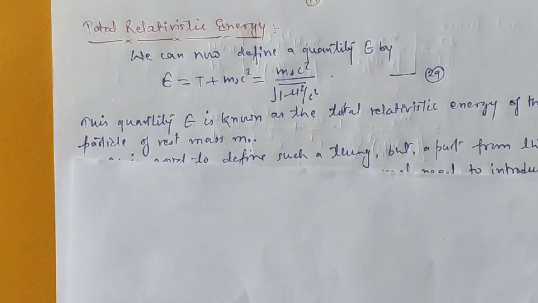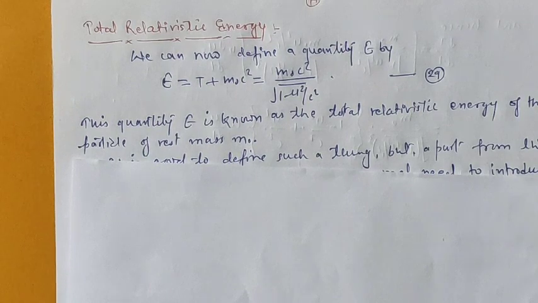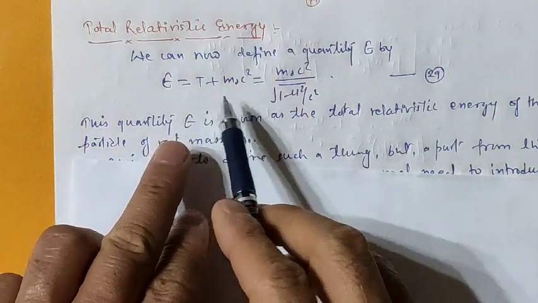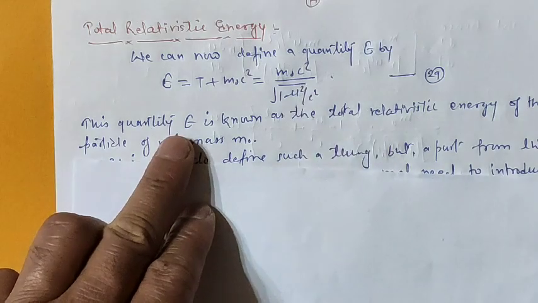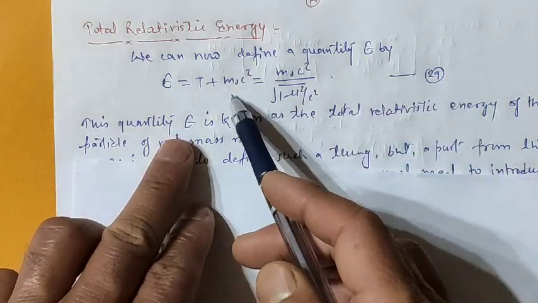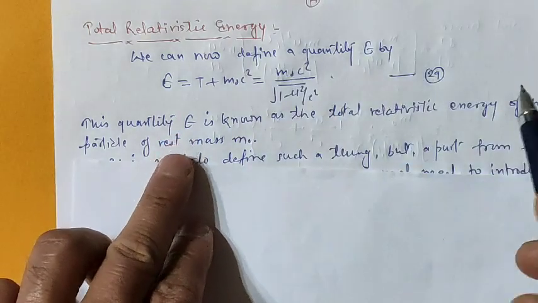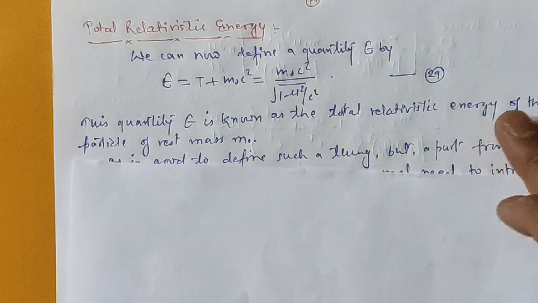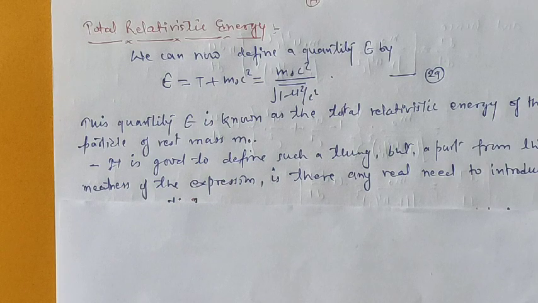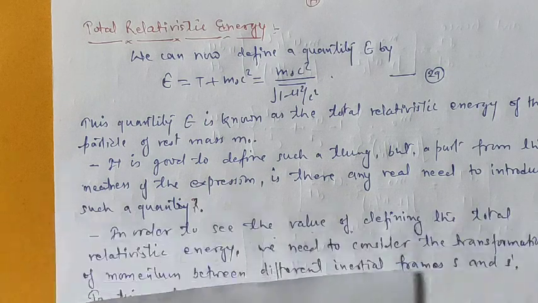We can define a quantity E as T plus m naught c square, which is equal to m naught c square divided by root of 1 minus u square divided by c square, since the m naught c square terms cancel out. This quantity is known as the total relativistic energy of a particle of rest mass m naught.